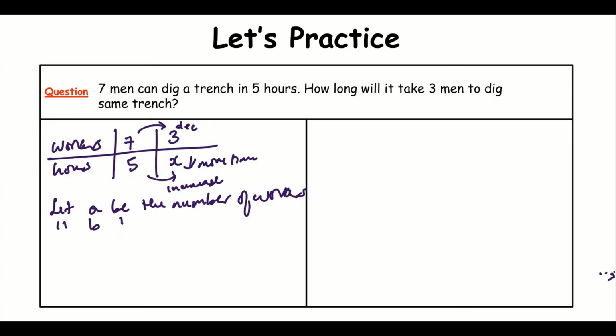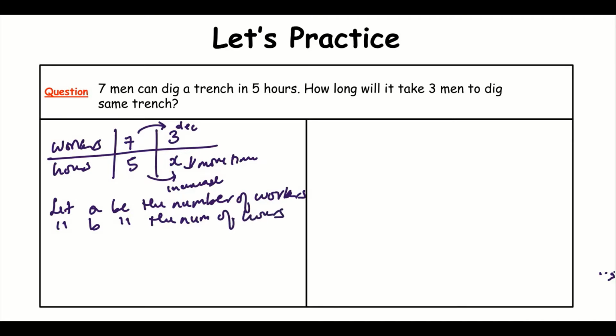Let B be the number of hours. Let me just write this properly so that we can know what we're doing. Because I write beautiful. Alright, so the number of workers and the number of hours.